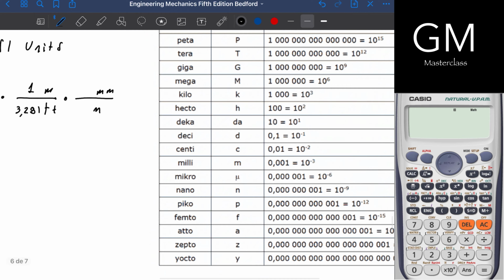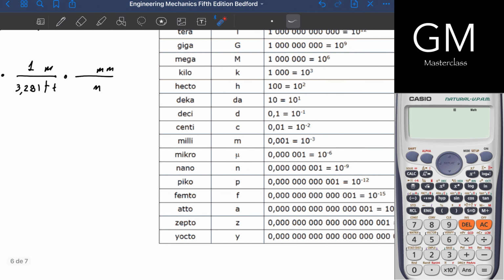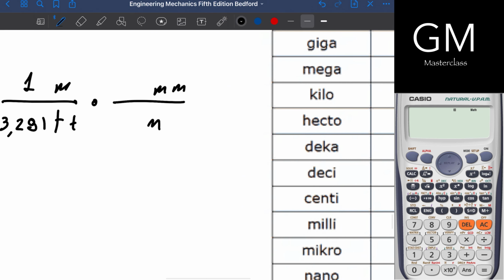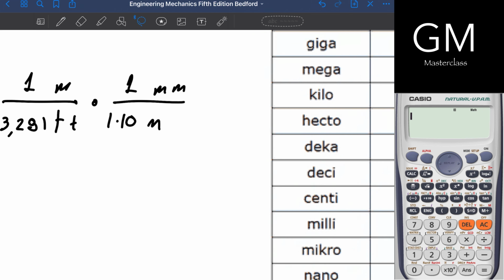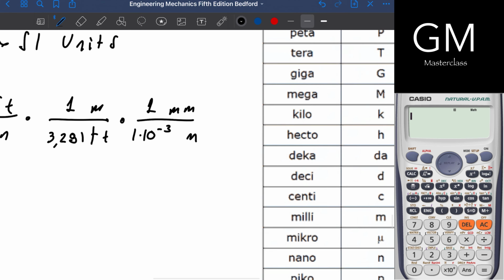And because of this chart, here you can see milli, the 10 to the minus third power, I know that 1 millimeter is equal to 1 times 10 to the minus 3 power.